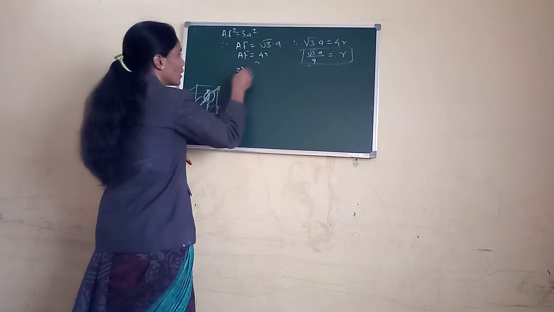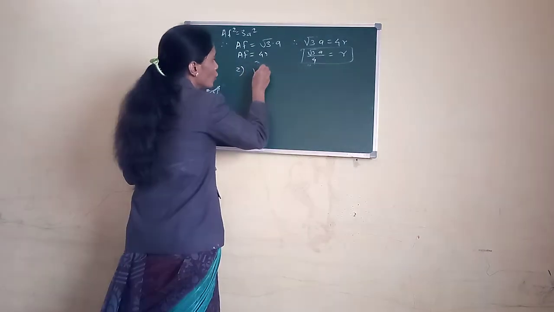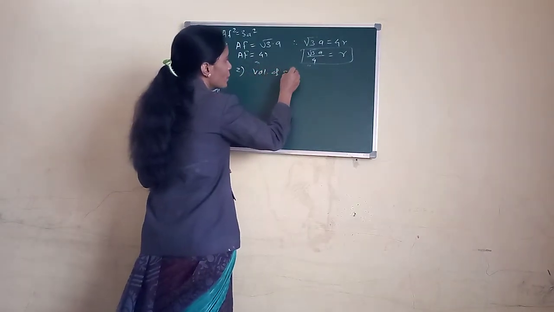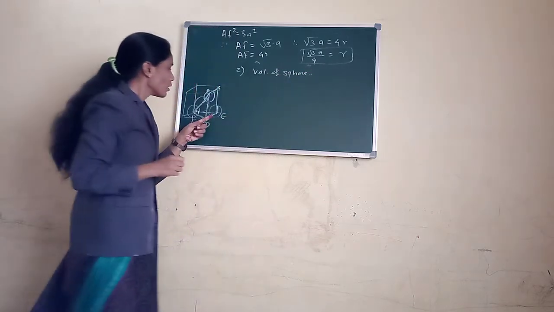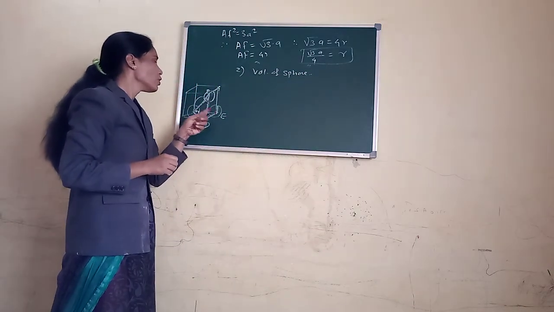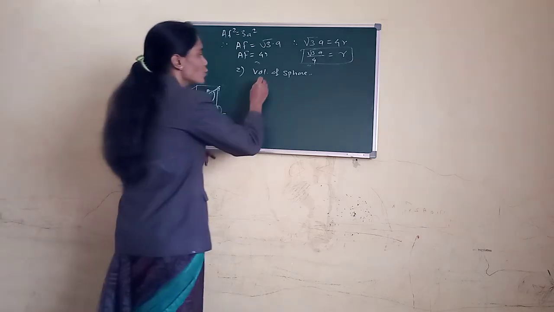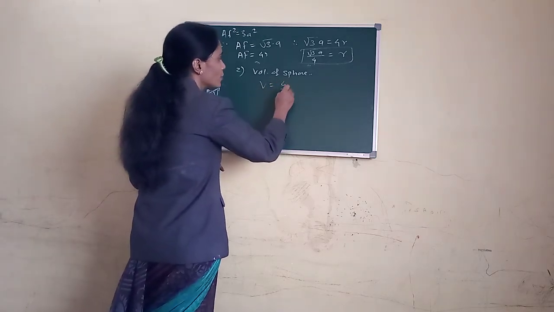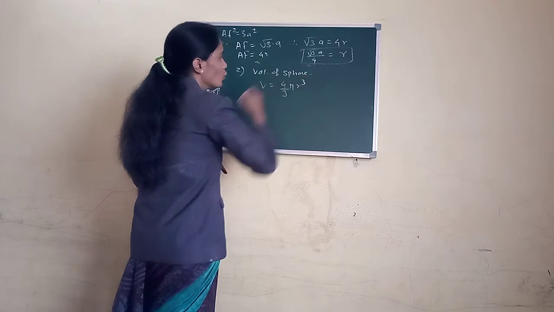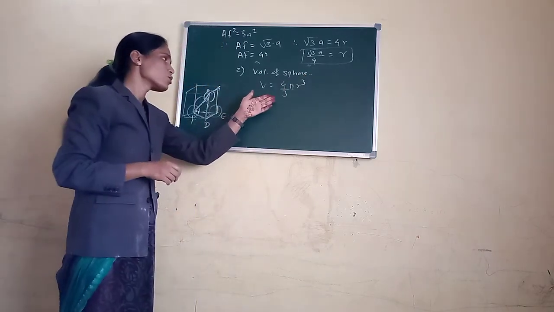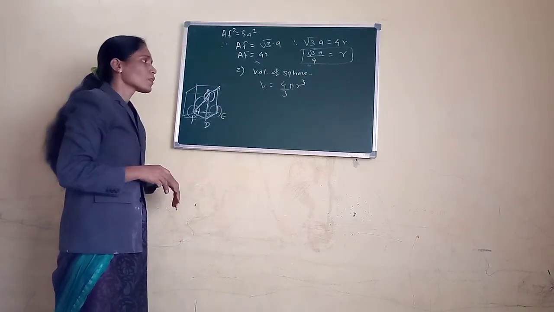Again, second step, the volume of sphere. Only one sphere from the body centered unit cell. That is V is equal to 4 by 3 pi r cube. This formula is fixed for every sphere.